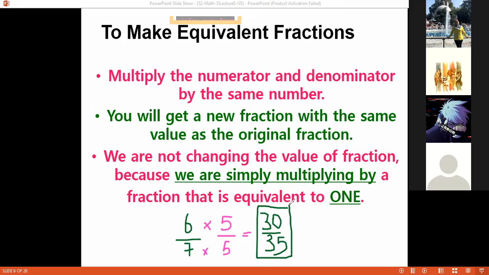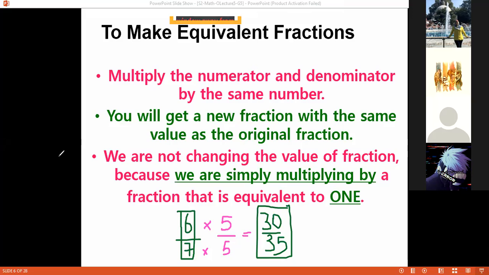And we say that 30 over 35 is equivalent to 6 over 7. Of course, you can multiply the fraction by any number you want. You can multiply it by 5, by 2, by 3, by any number you want. Mister, I have a question. Sasha.